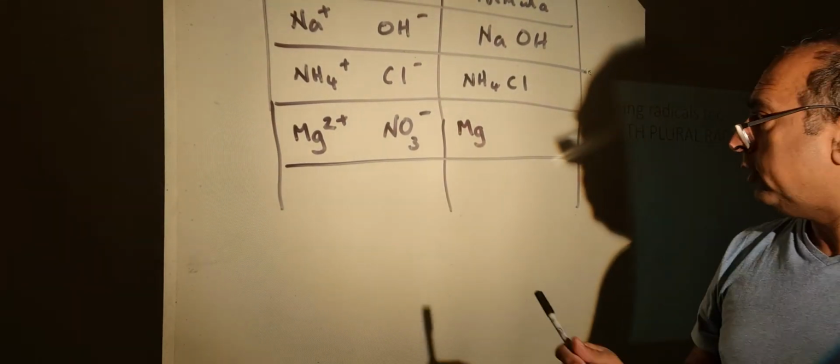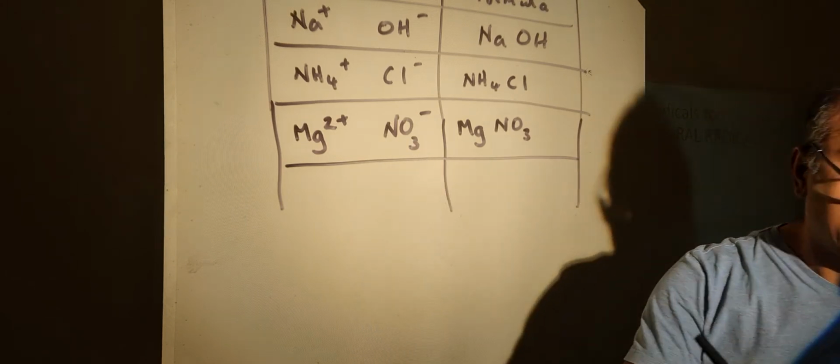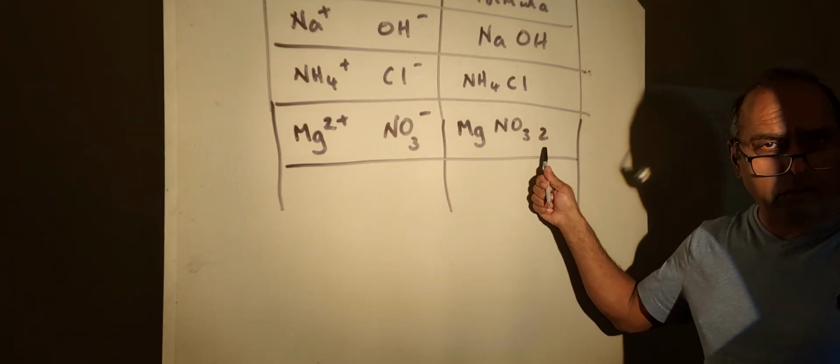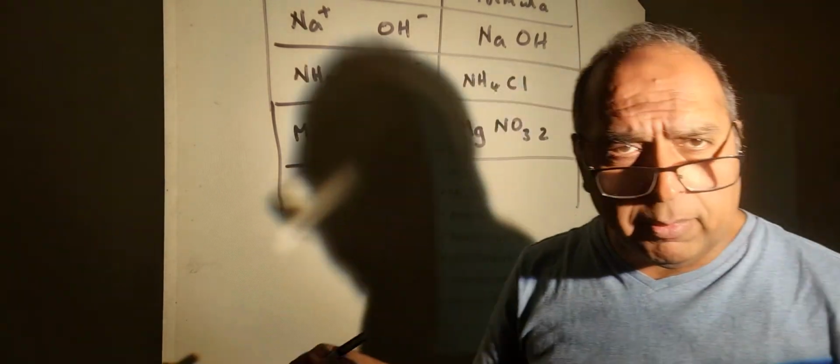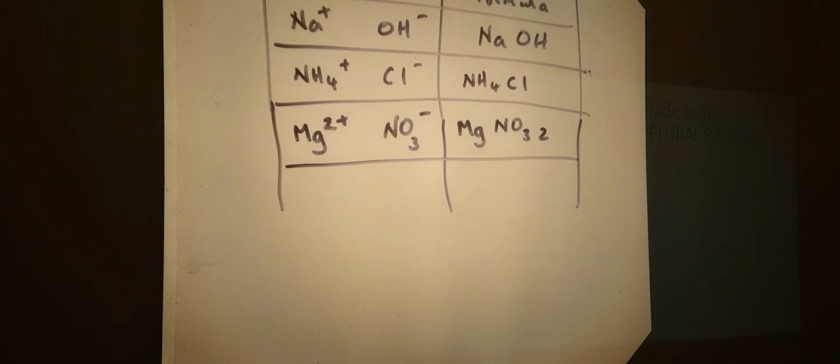Mg, 1. That's 1 magnesium, nitrate, NO3. I said I want 2 of those. 2 lots of that. Oh, therein lies the problem. That now starts looking like MgNO32.